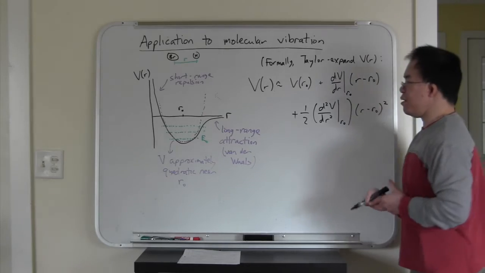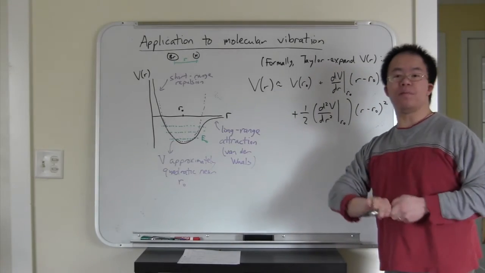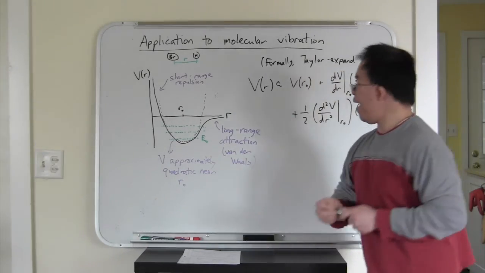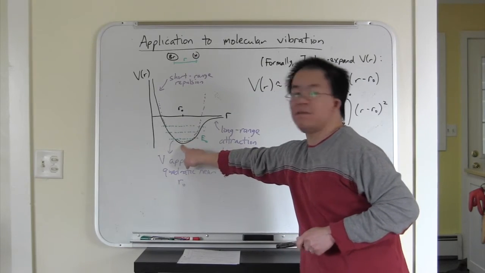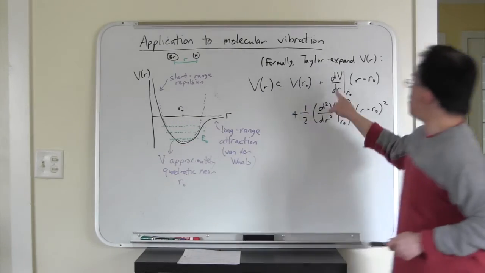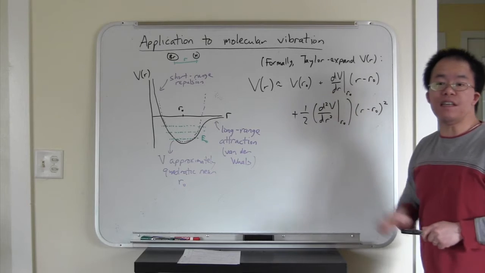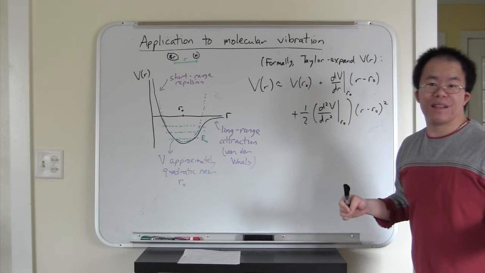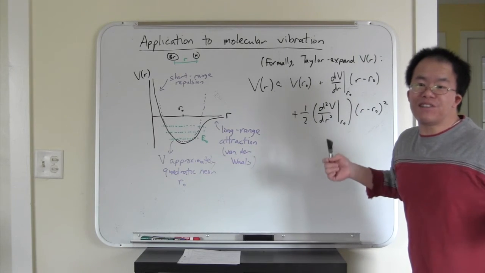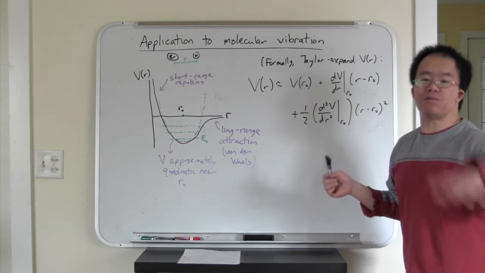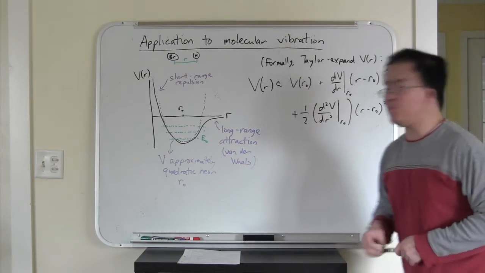So here's the thing. If I have a minimum in my potential energy at r equals r naught, what's the derivative of my potential energy at a minimum? Well, like you learned in calculus, for any function at an extremum, the first derivative vanishes.